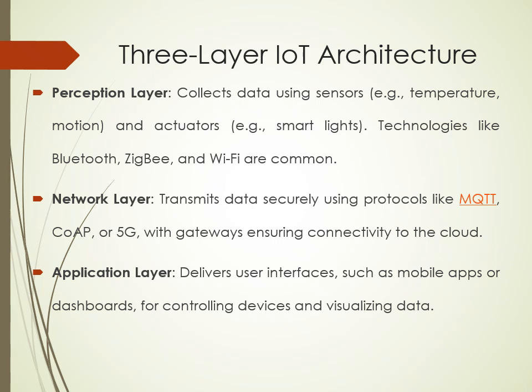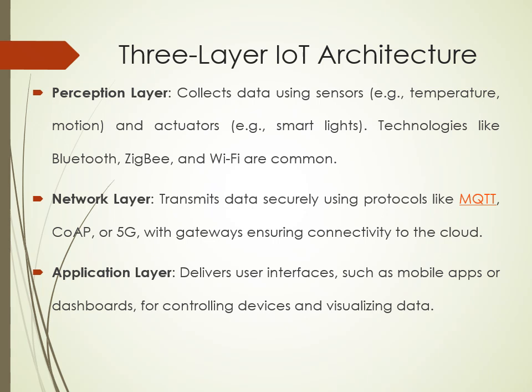Okay. And actuators. Sensors for sensing the data and actuators to perform the action. For communication across these devices, technologies like Bluetooth, Zigbee, and Wi-Fi are used. Okay, so the next comes the network layer. We need a proper set of communication protocols to transfer the data securely.